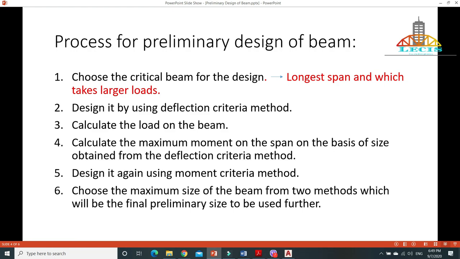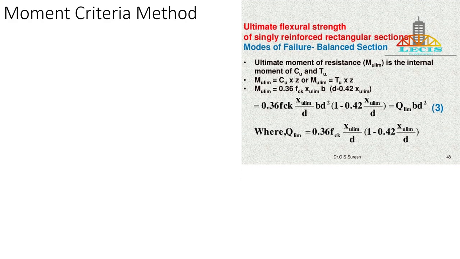Now we will move to the 5th task, where we are going to design by using the moment criteria method. So let's look at what the moment criteria method is. In the moment criteria method, we have the formula for the bending moment of a section of the beam. Mu limit is the maximum bending moment at a section, and that equals Q limit times b d square.